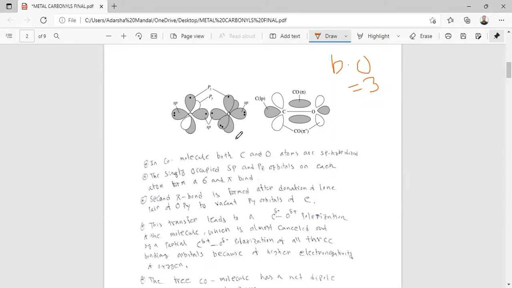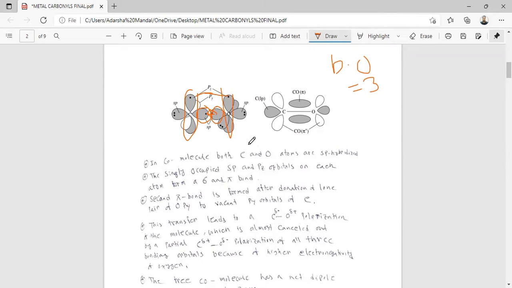One sigma bond is formed from the singly occupied sp orbital of oxygen and the sp orbital of carbon. The pi bond is formed between the singly occupied pz orbital on the carbon atom and the pz orbital on the oxygen atom. They overlap and form the pi bond.